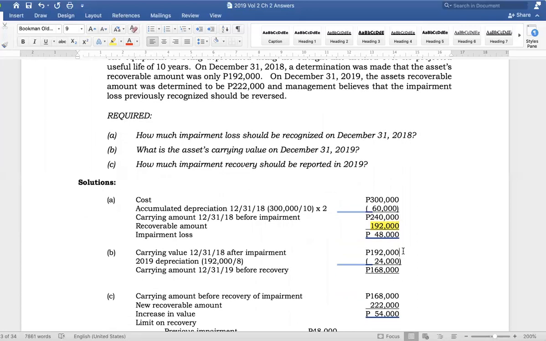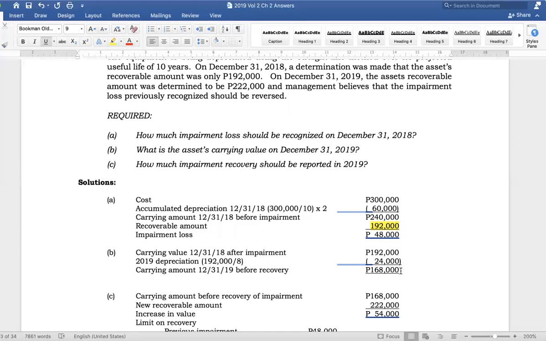So we have 192,000 minus the recorded depreciation for 2019, that's 192,000 divided by 8, which is the remaining life. So that's 24,000. So the carrying amount before recovery is 168,000.